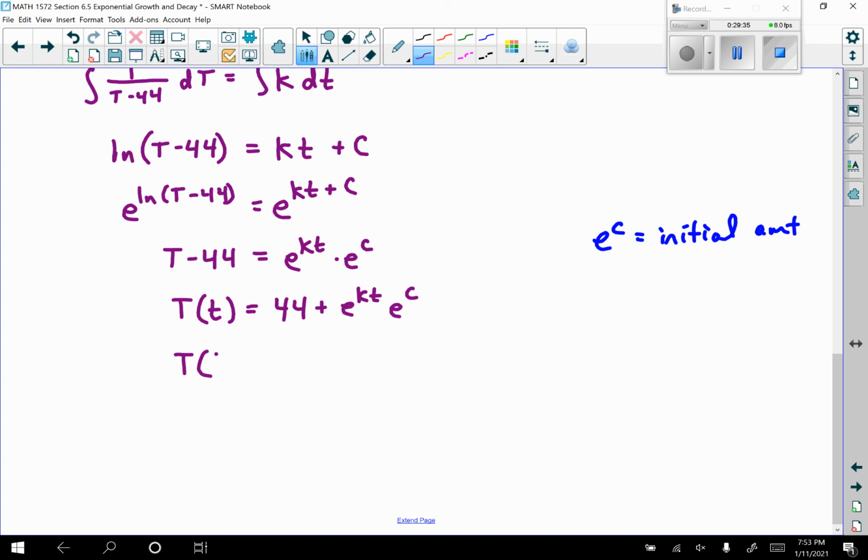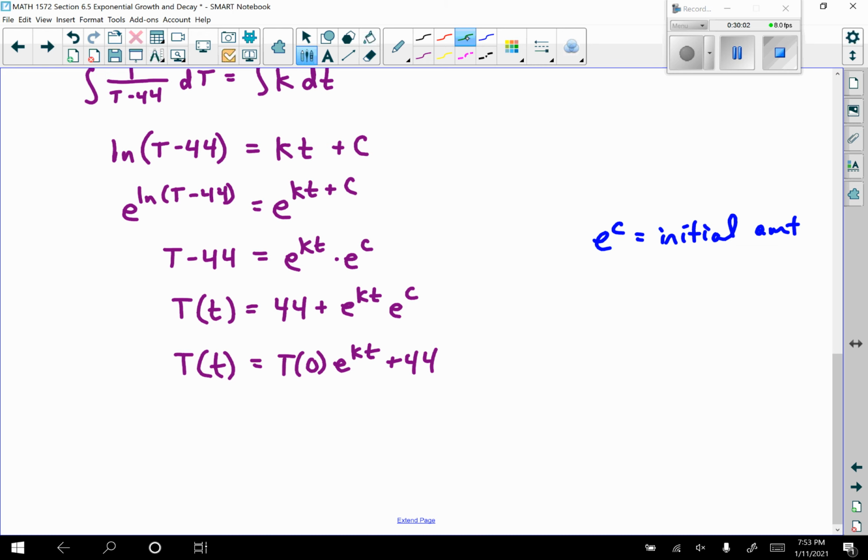Or really, we could write this as the temperature at time T is going to equal T sub 0 times e to the KT plus 44. So now we know at time 0 that the pop has a temperature reading of 72, room temp at 72 degrees.